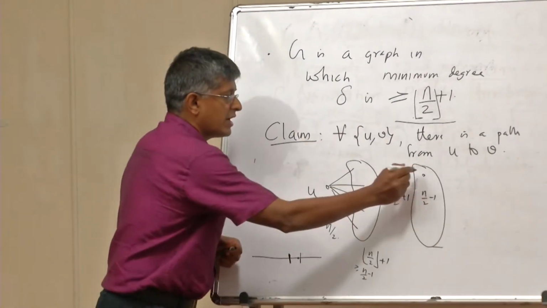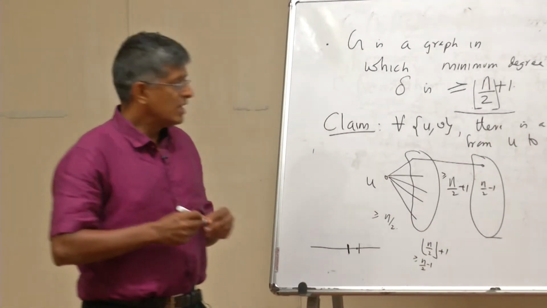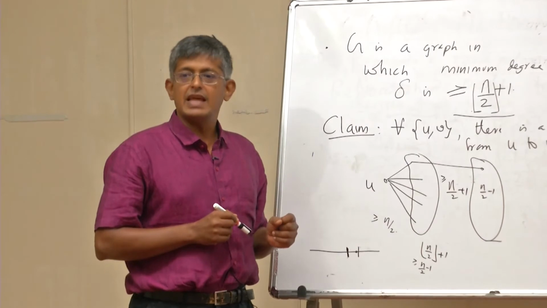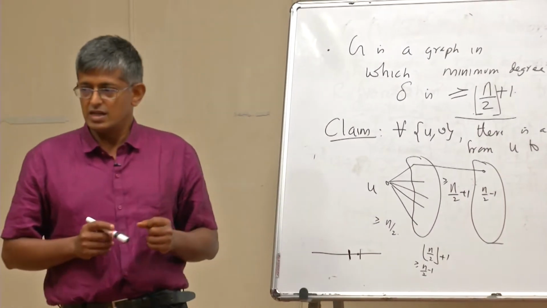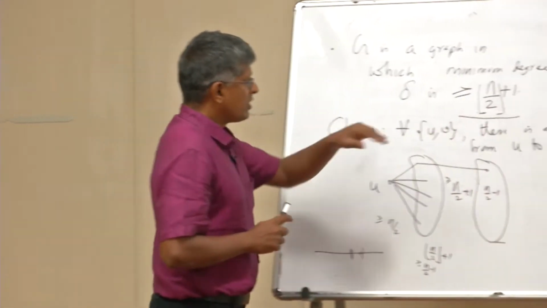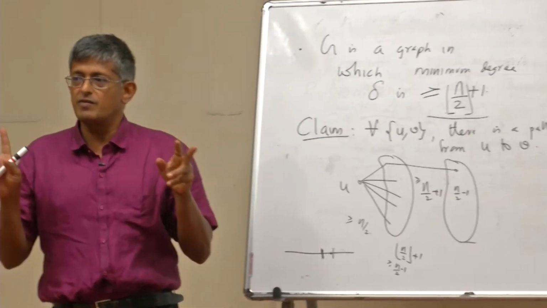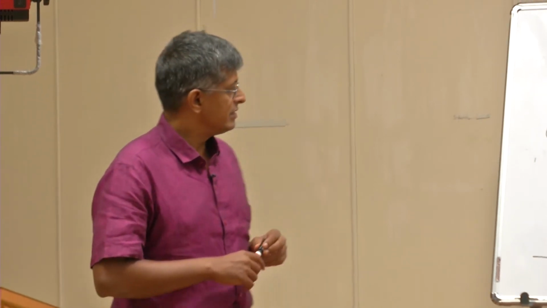Therefore, there must be one edge that goes from here to here. Therefore, there must always be a path between any two. It's a very simple counting argument. So in a superficial way of speaking, if every degree is high, then the graph is most likely very connected.